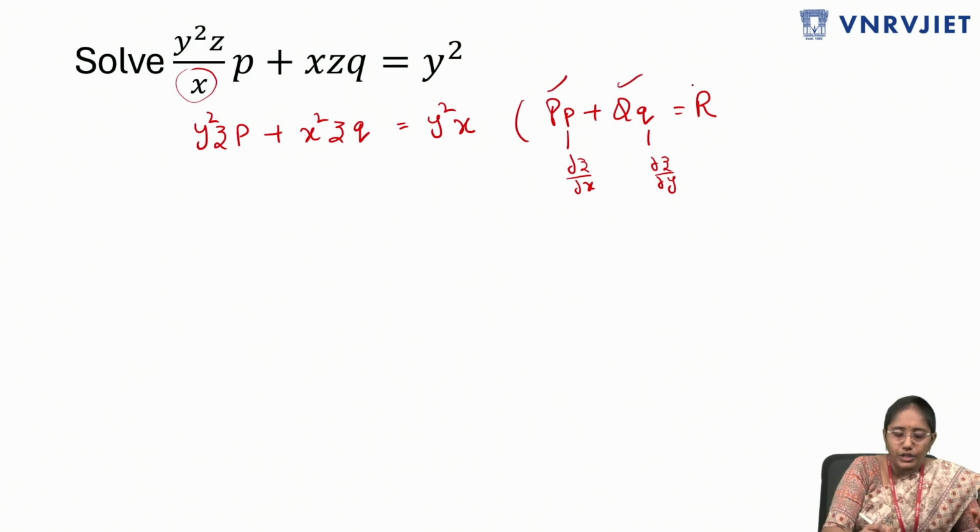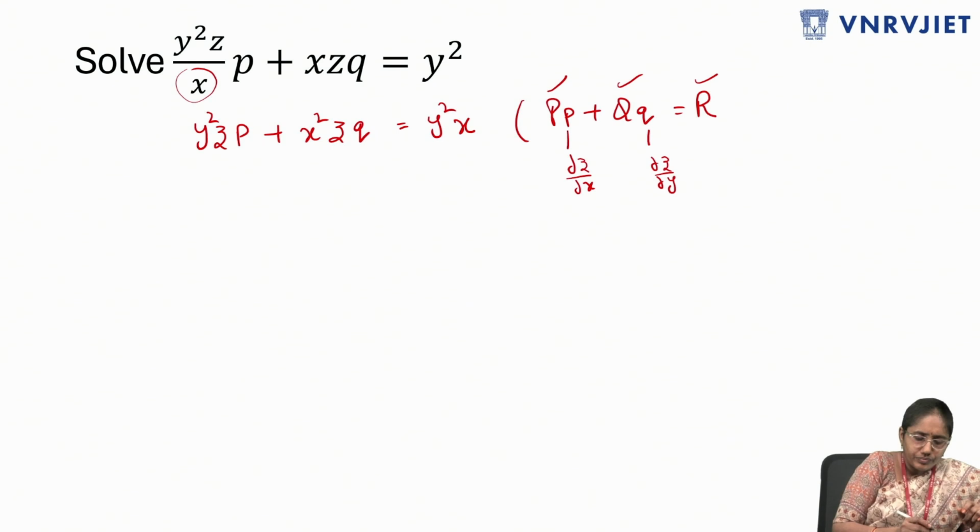And capital P, Q, R are functions of x, y. Here observe that Pp + Qq = R, exactly in the same form, which is called Lagrange's linear differential equation. Now step number 1, find the subsidiary equations.